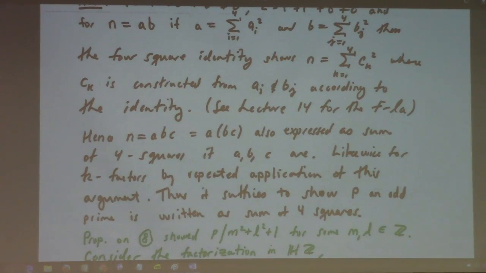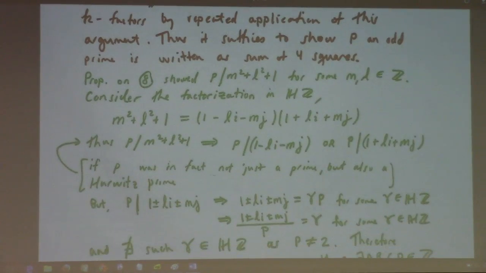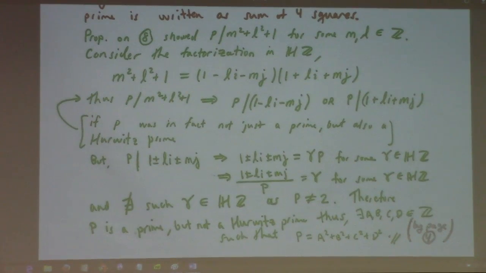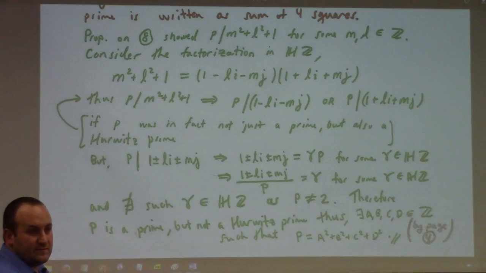So it suffices to prove it for an odd prime. We've shown that P divides m squared plus L squared plus 1 on the previous page. And then you can factor this using the Hurwitz quaternions.